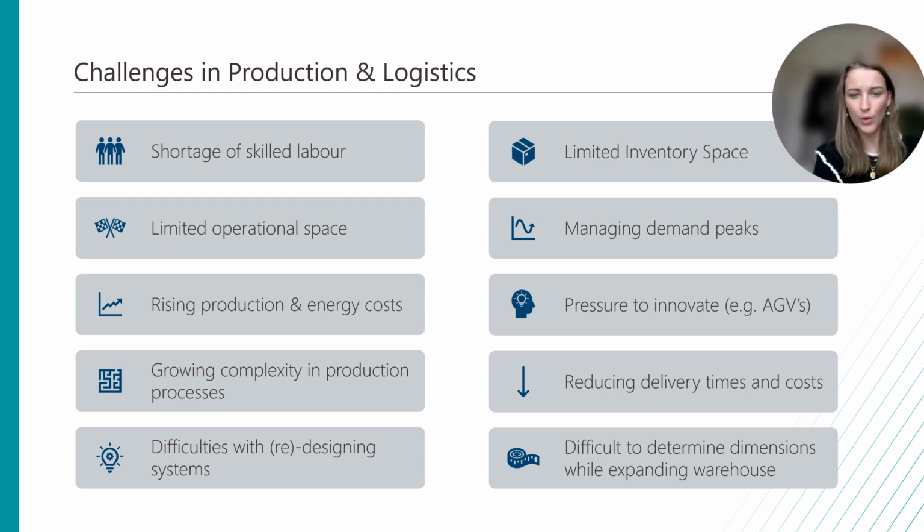And I will pick another one, and that is the pressure to innovate, which is also something we see a lot at our customers. We had quite some projects related to AGVs, for example, automated guided vehicles. Customers are asking whether it is feasible to replace the current reach trucks with automated guided vehicles.